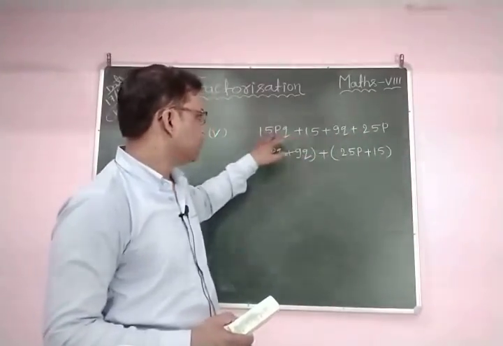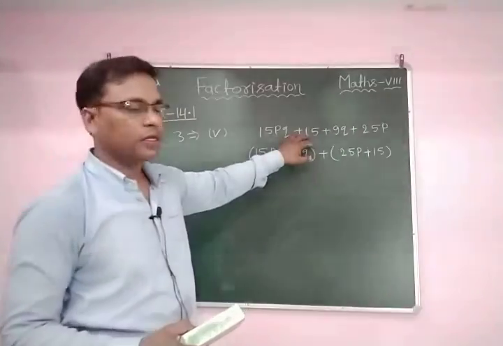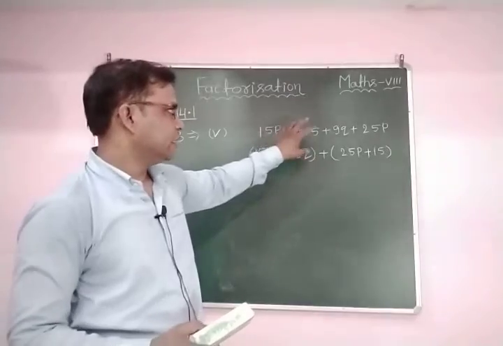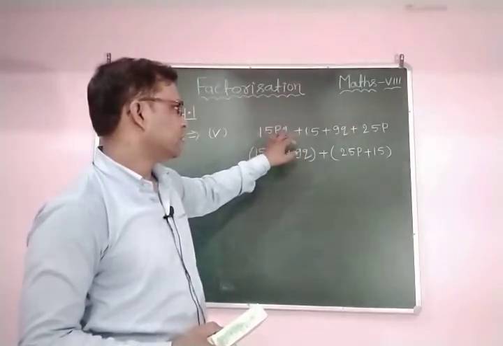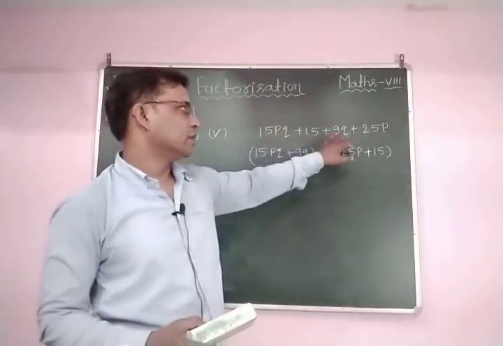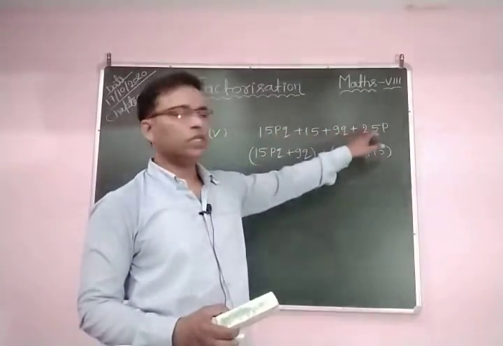But here we find common 15 or 5 in both terms. So we interchange the terms and take in the first group 15pq plus 9q, and in the second group 25p plus 15.